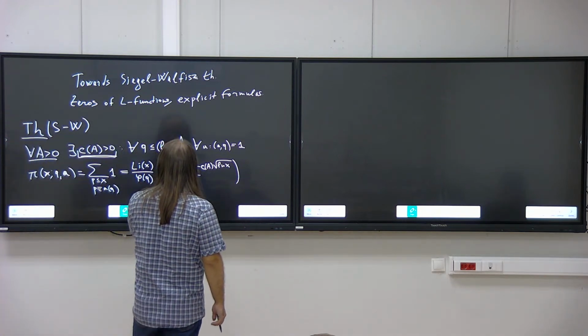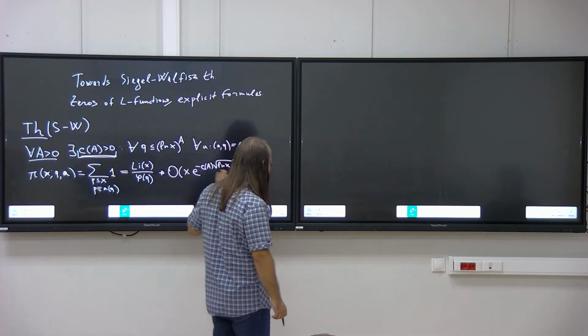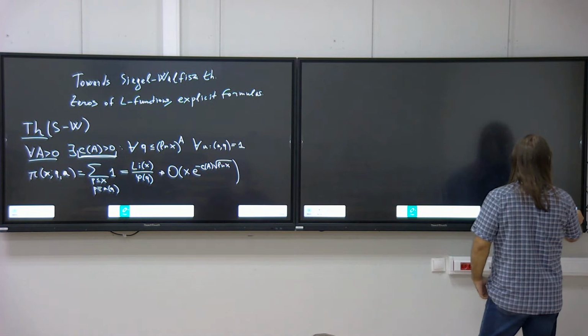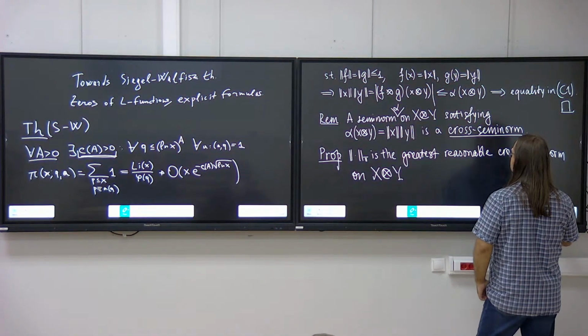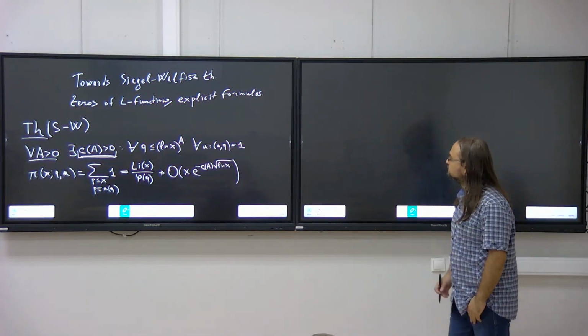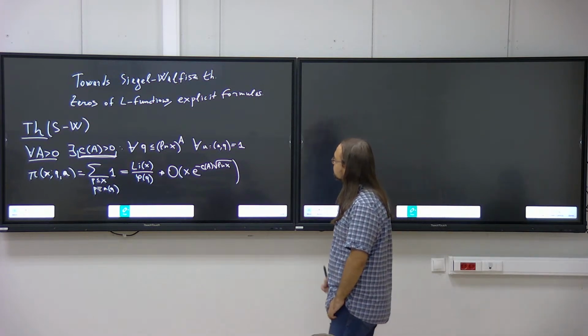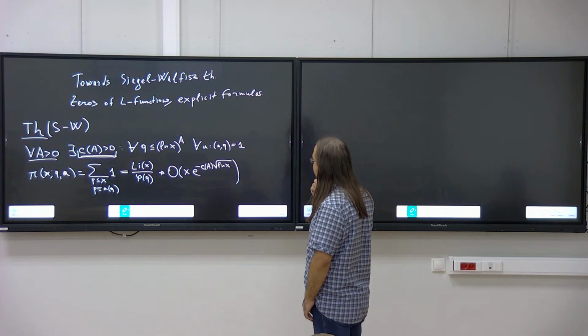Okay. So this theorem is without a number because we're only going to start the proof today, and what we are going to discuss are zeros of L functions.